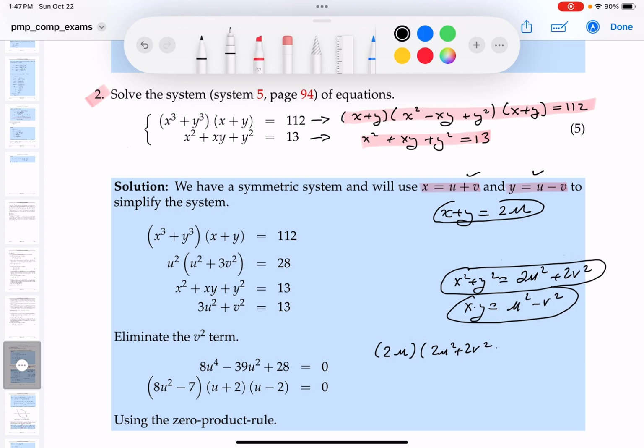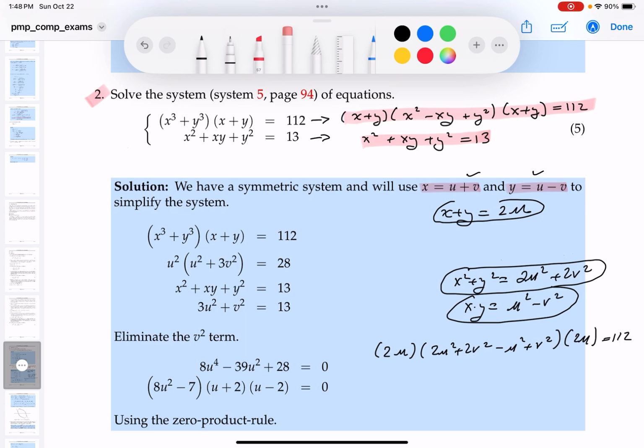And then you have a minus xy, so that's minus u squared plus v squared. And then you get another x plus y, that's 2u. And what's it equal to? 112.